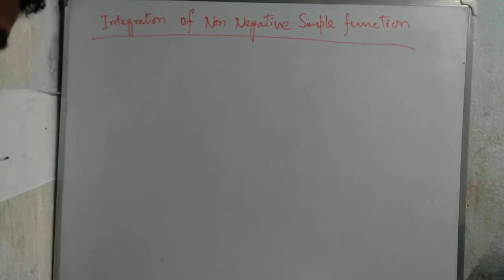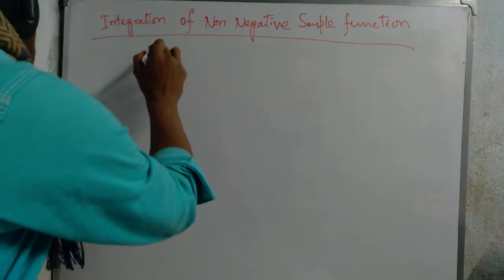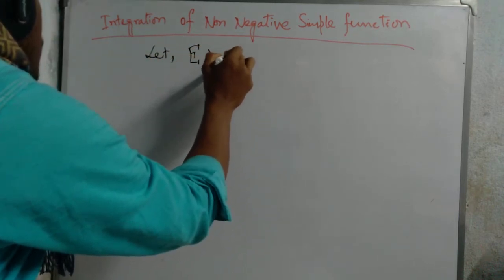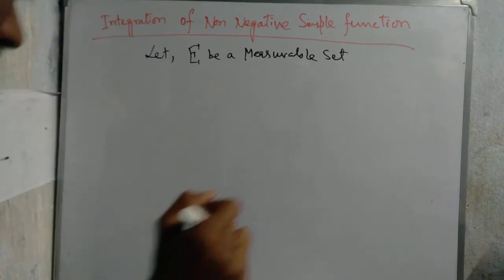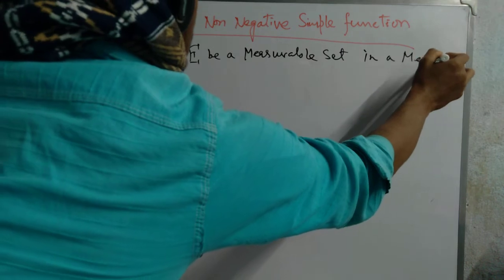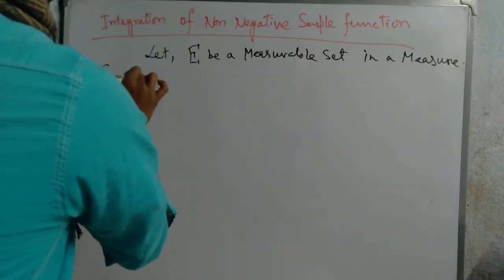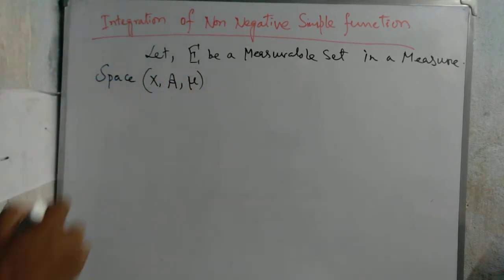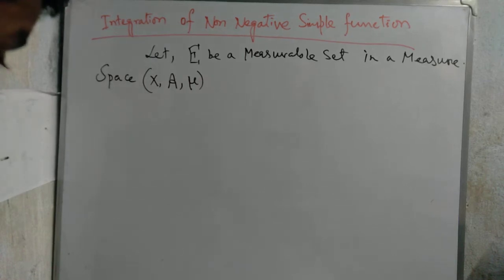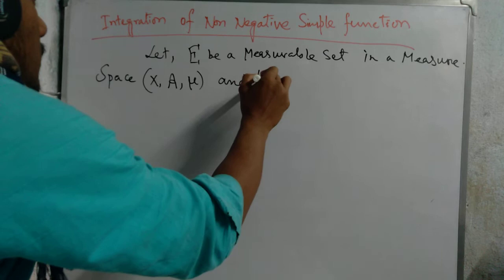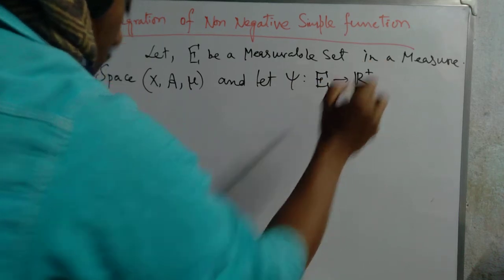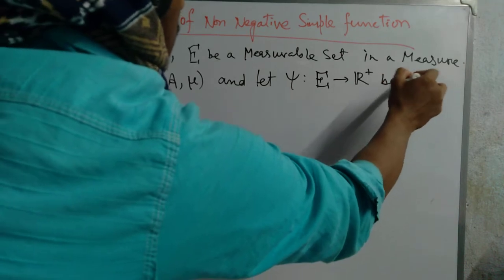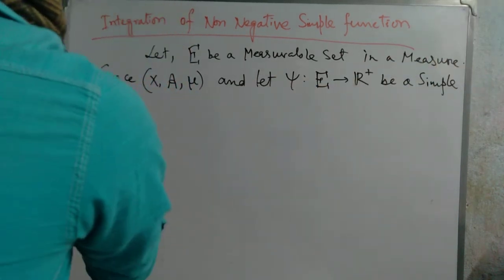Here we write it this way: let E be a measurable set in a measure space (X, mu), and let psi from E to R plus be a simple function.